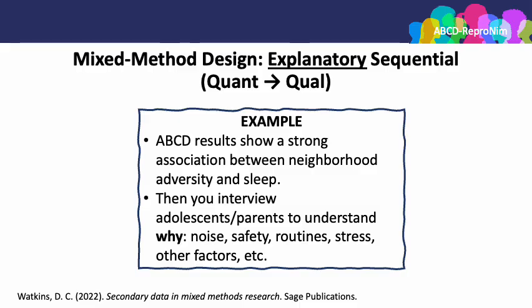And so then what you do is in your qualitative study, you design a recruitment plan to be able to enroll participants that are representative of those ABCD demographic characteristics.